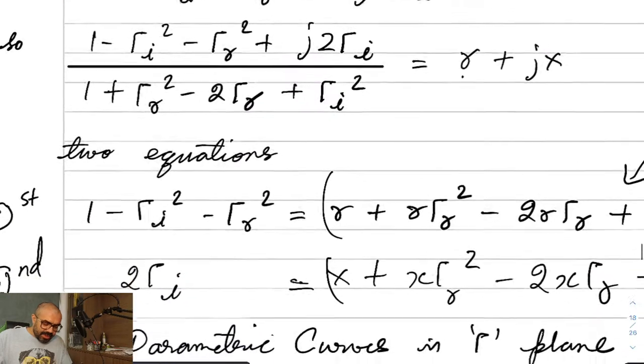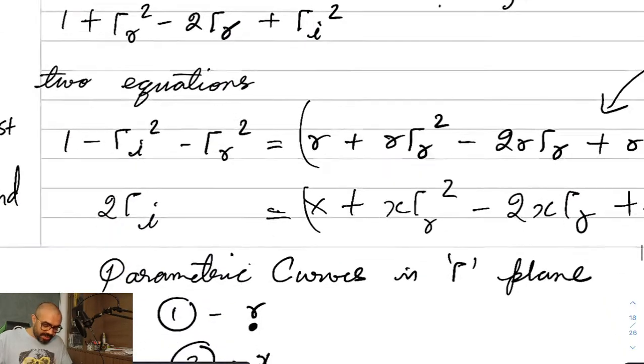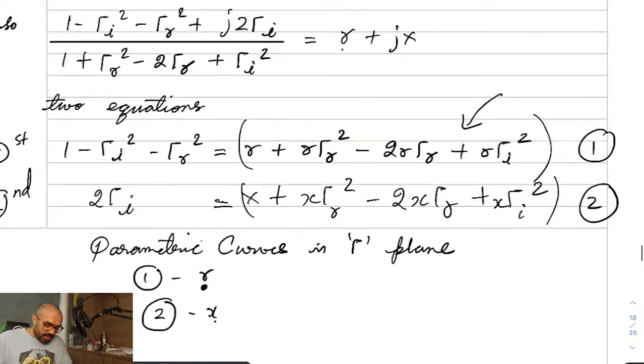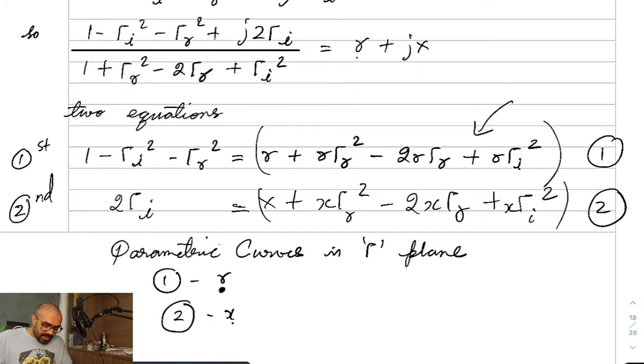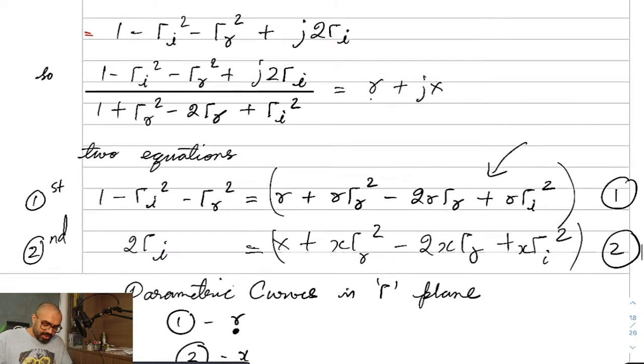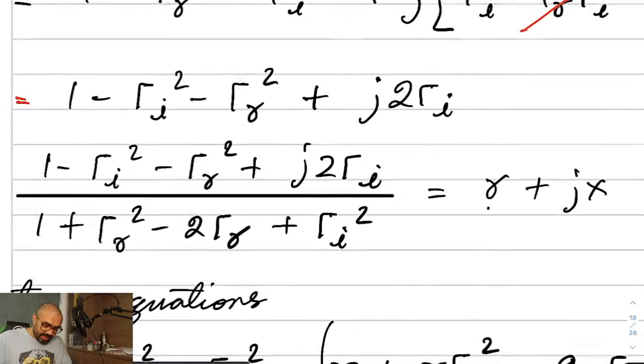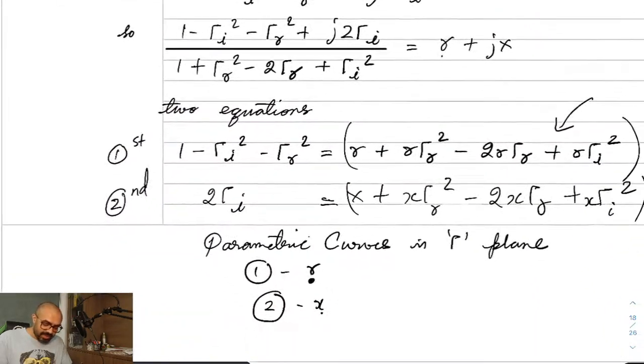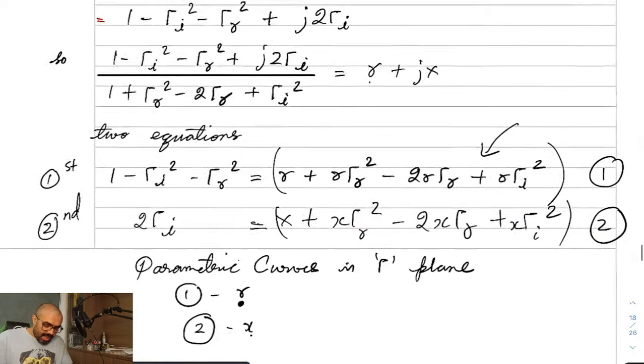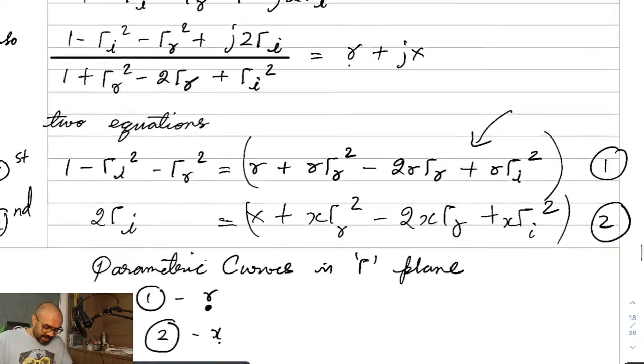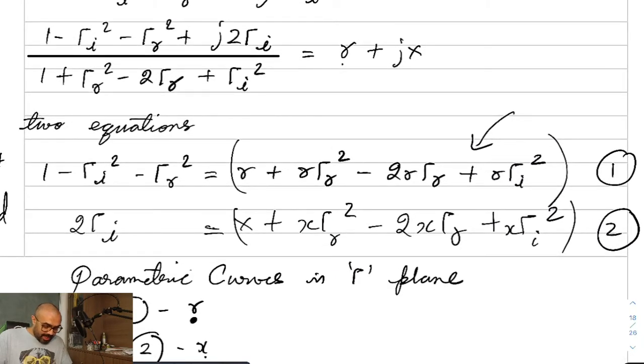This is an equation in complex numbers, so this spits out two equations. So you can separately equate the real and imaginary parts of this equation to give you two separate equations. And I have done all that, and I get two separate equations.